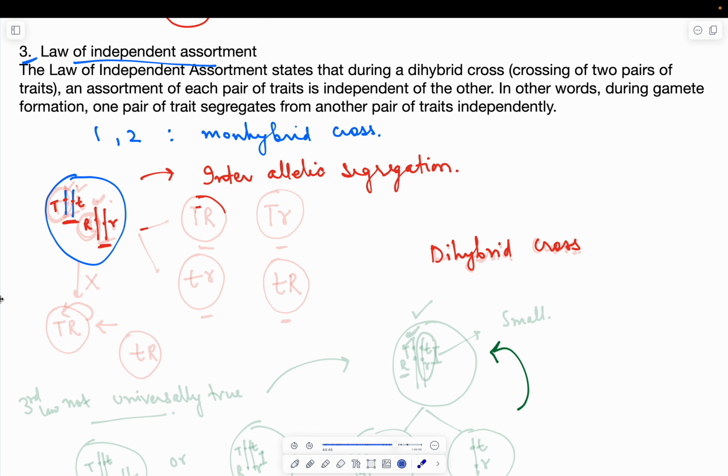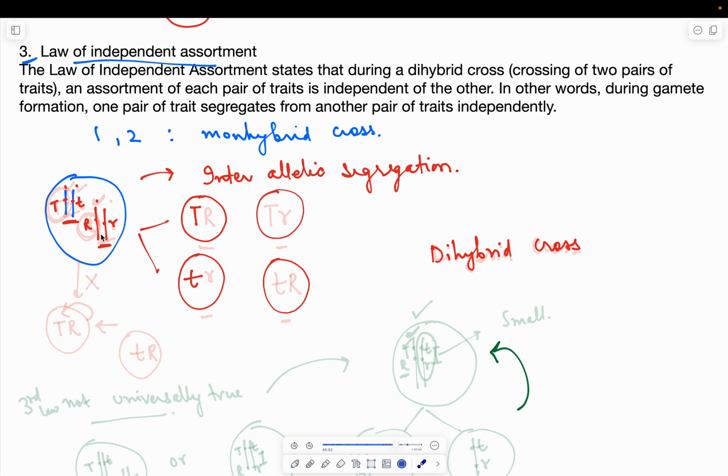So what are the possibilities of gamete formation? This T will assort independently from this T, very true.